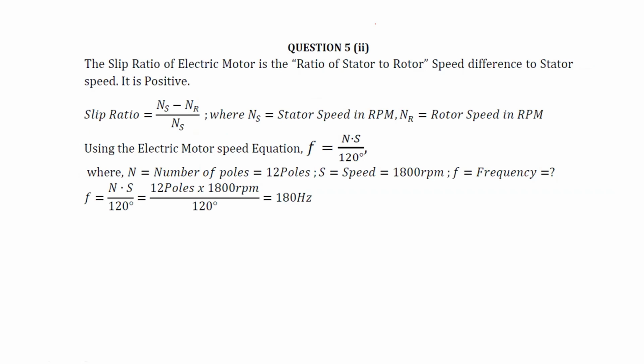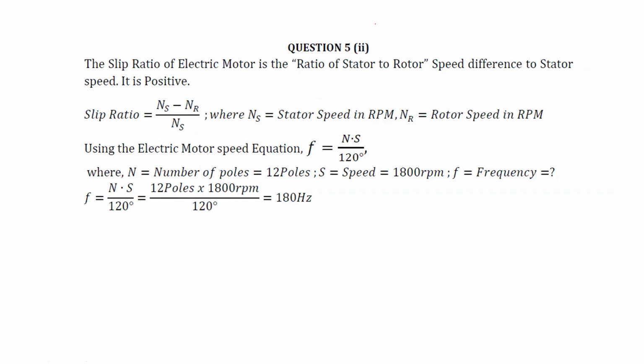So the slip ratio of an electric motor is the ratio of the difference between the stator speed and the rotor speed to the stator speed, where the stator is ns and the rotor is nr.